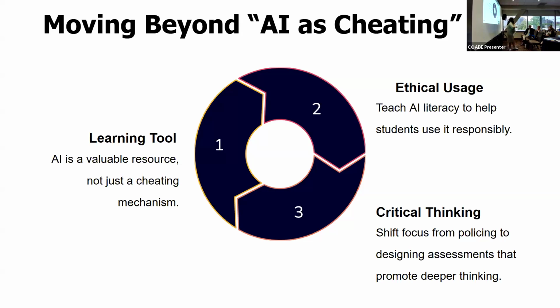So you mentioned teaching students how AI works, right? The foundations, what are the capabilities of AI and what are the limitations? So that's AI literacy. So you've heard that term being thrown around. AI literacy is so important right now to help students use it responsibly.